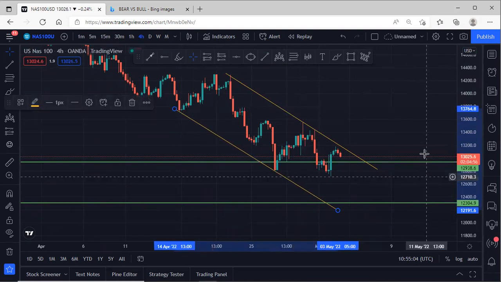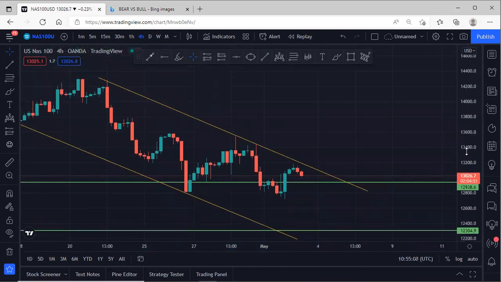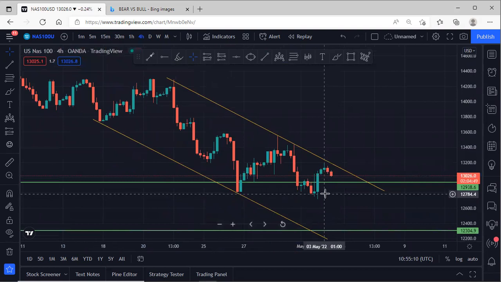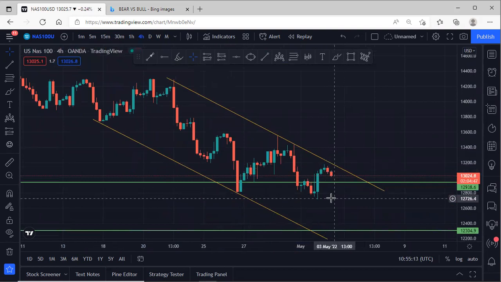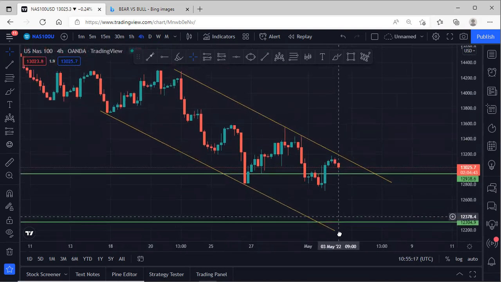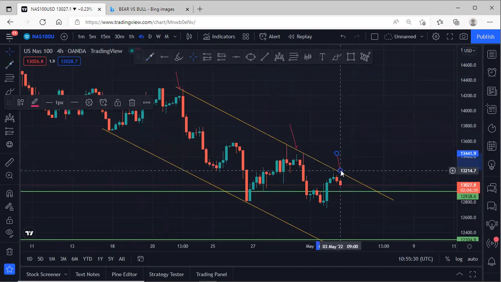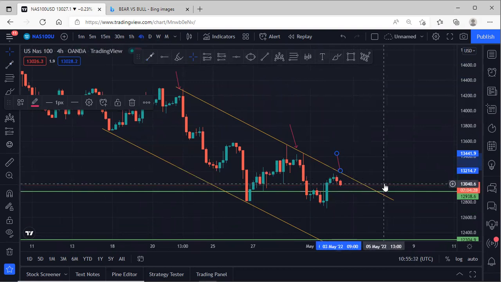My two support touches on the market. So with that being said, this market is either forming a double top before it impulses to the downside. This is our first touch, this is our second touch, which was a double top, and we might be considering a third touch on the trend line.